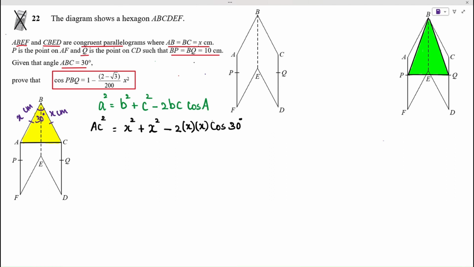Now we're going to simplify our equation here. So we get AC squared is equal to 2x squared minus 2x squared times, and our value for cos 30 that we have to memorize is root 3 over 2.